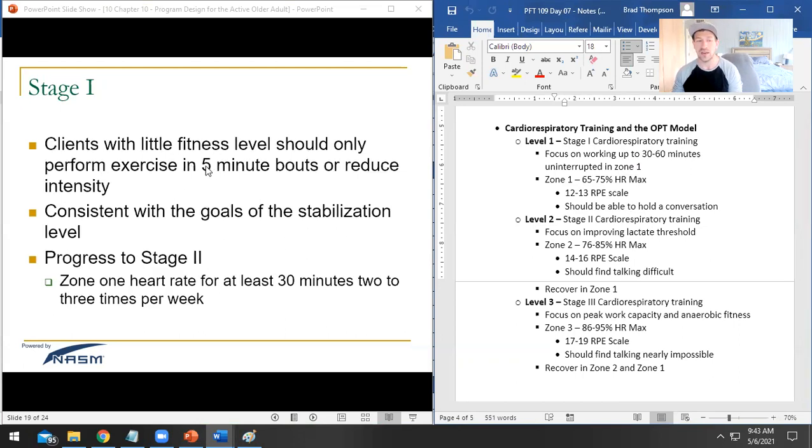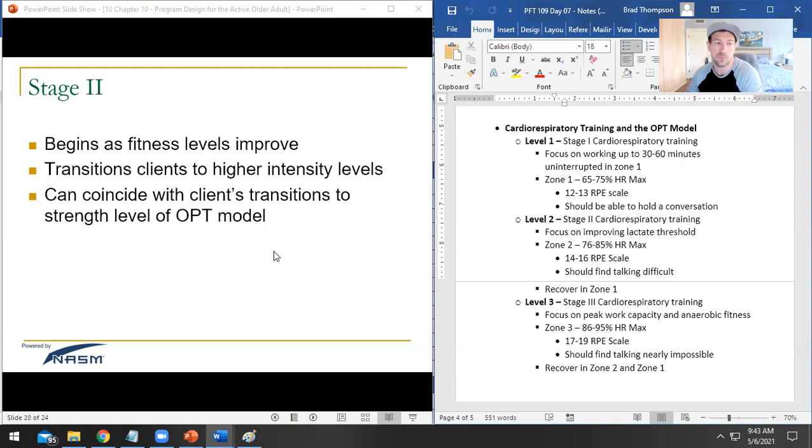So stage 1 is great because, again, it's where it starts. It's your foundation for everything. But then you're going to progress into stage 2 as your client's cardio improves. And this is where we're going to start focusing on really improving our lactate threshold. We're getting our body better at removing lactic acid from the system, right?